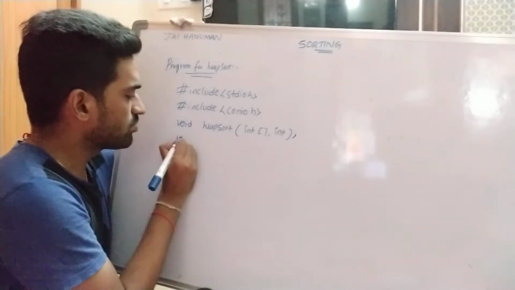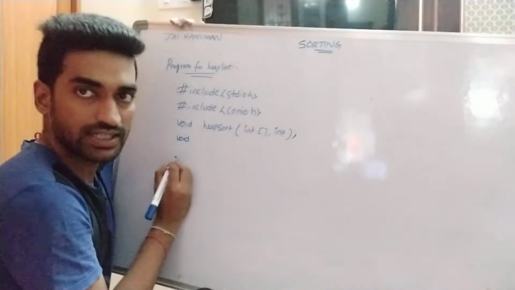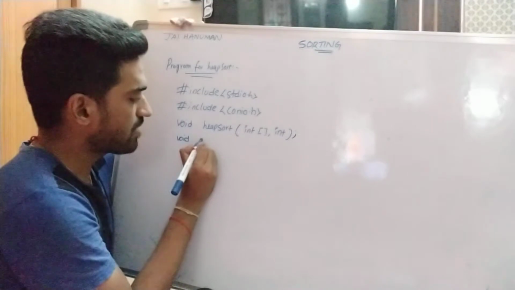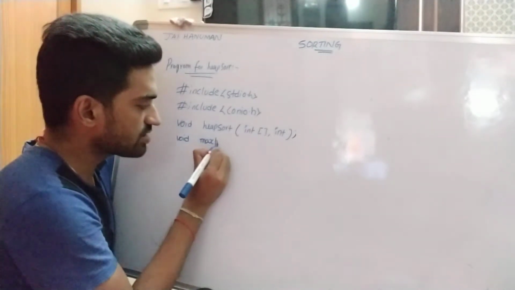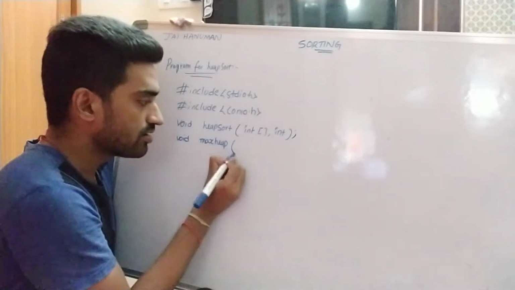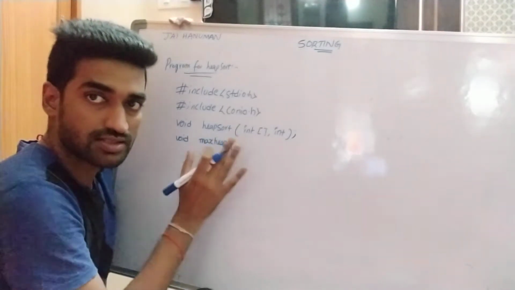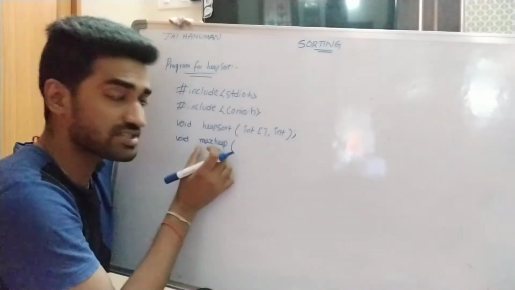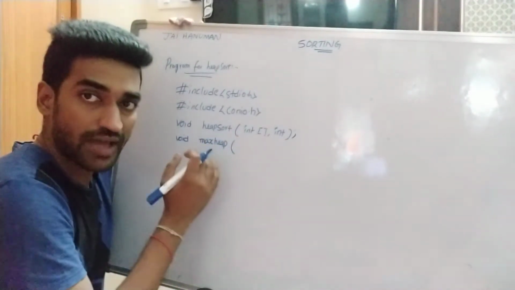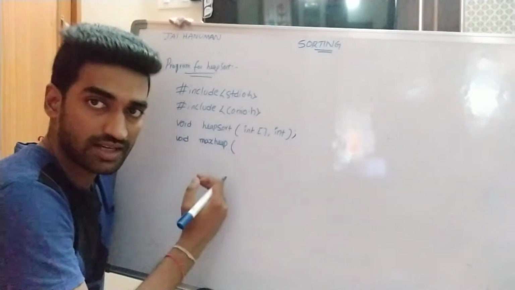Then I am creating one more user defined function, void maxheap. This function is written for max heap tree construction. What is the property of a max heap tree? The parent node is always greater than the children nodes.